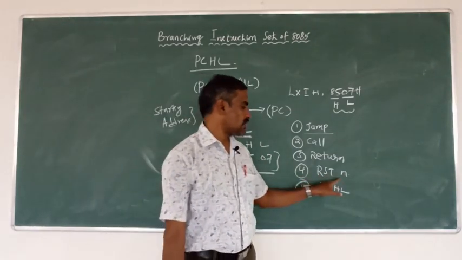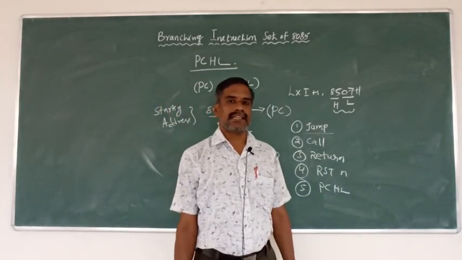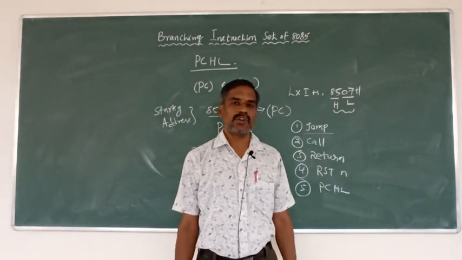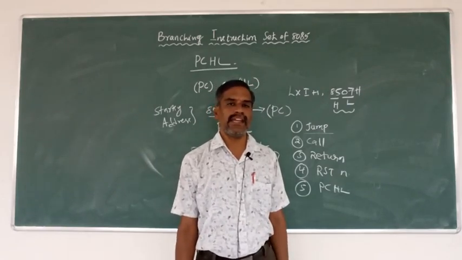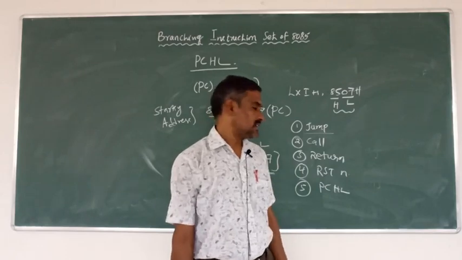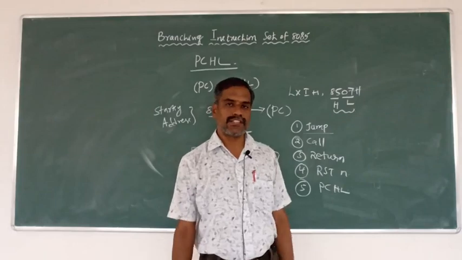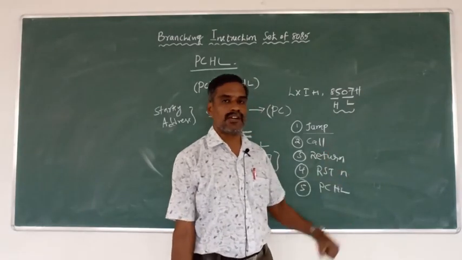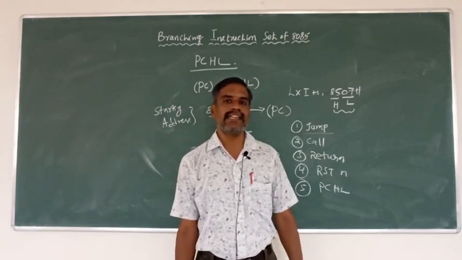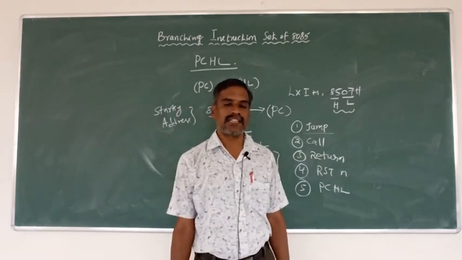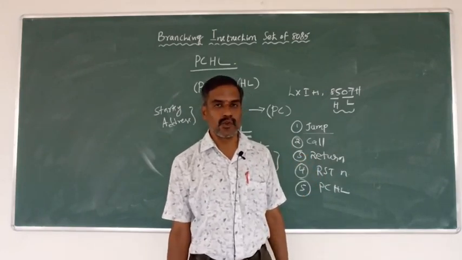And the fourth one, RSTN. RSTN means restart N. This restart N is also called the software interrupt instruction. Here there is a fixed memory address location for each restart, RST0 to RST7. Total 8 restart instructions. Each instruction consists of 8 memory address locations.